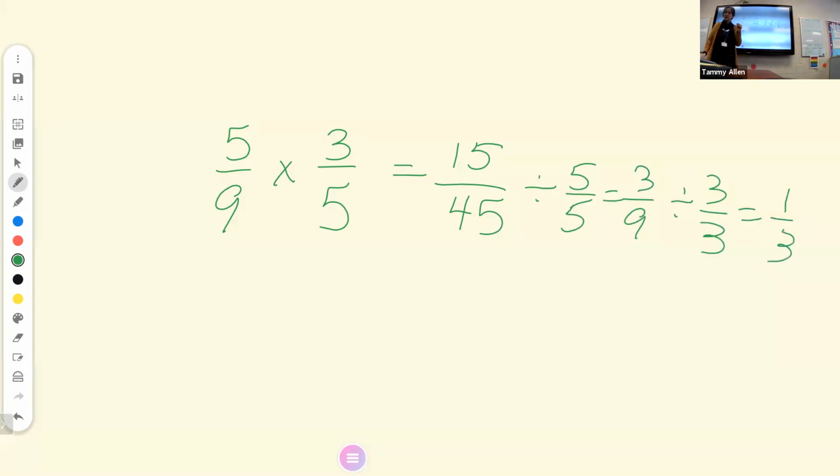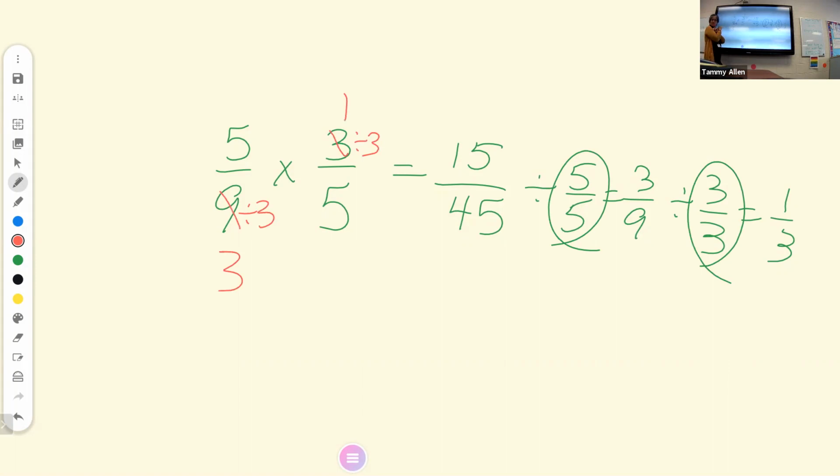So we looked for a common factor in the numerator and denominator of 5, and of 3, right? So instead of doing all of that, we're going to say, oh, there's a common factor of 3. That gives us 1, that gives us 3.